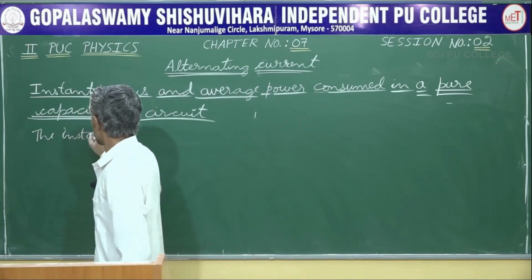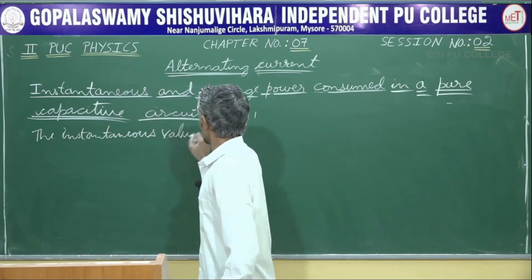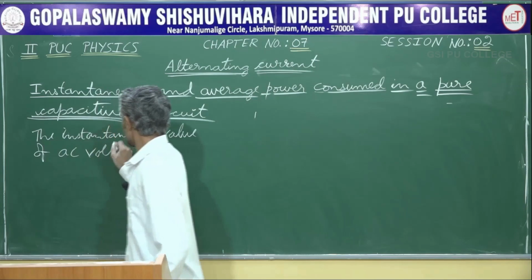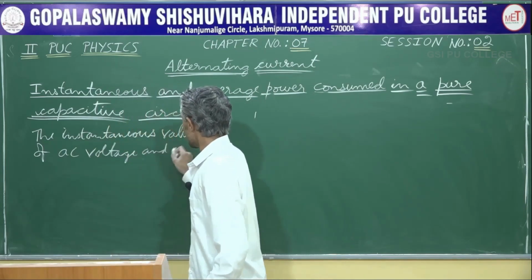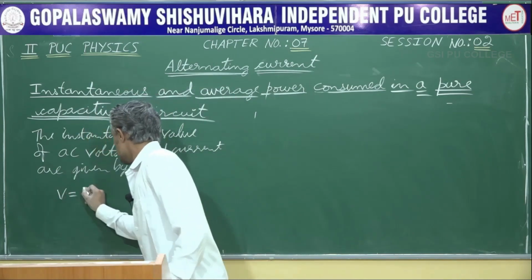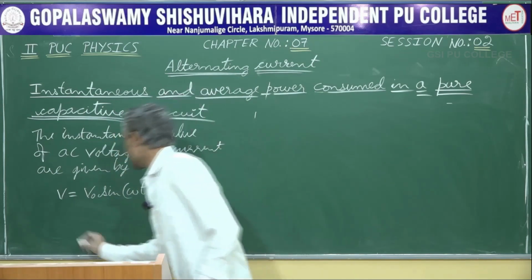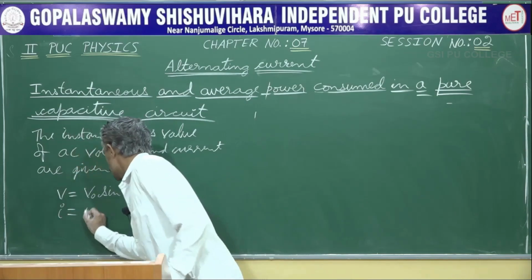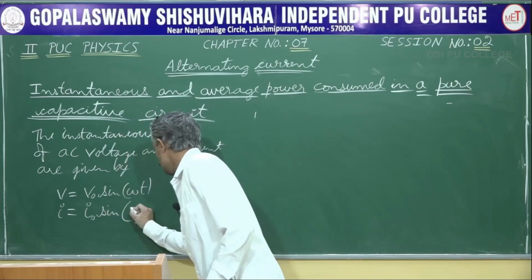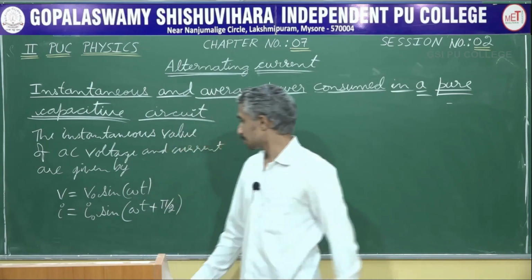For a capacitive circuit, the instantaneous values of AC voltage and current are given by V is equal to V naught sin omega t and I is equal to I naught into sin of omega t plus pi by 2.